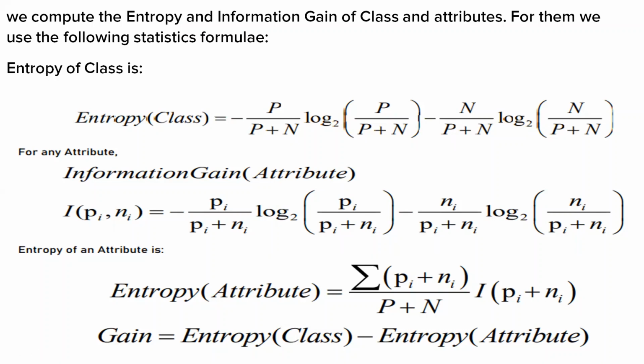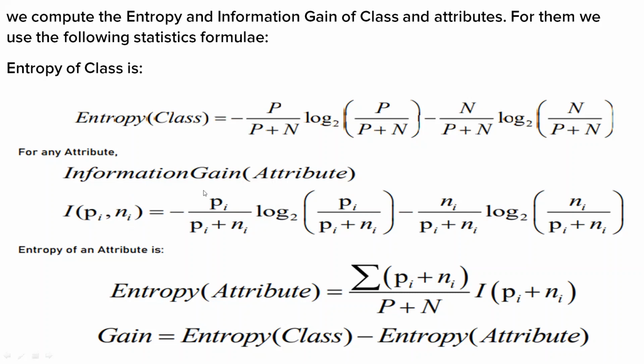What is meant by entropy? Entropy is calculated for each class as well as the entire data set that is given, and information gain is calculated only for the attributes. Entropy can be calculated with the logarithmic probabilities of the positive as well as the negative class.